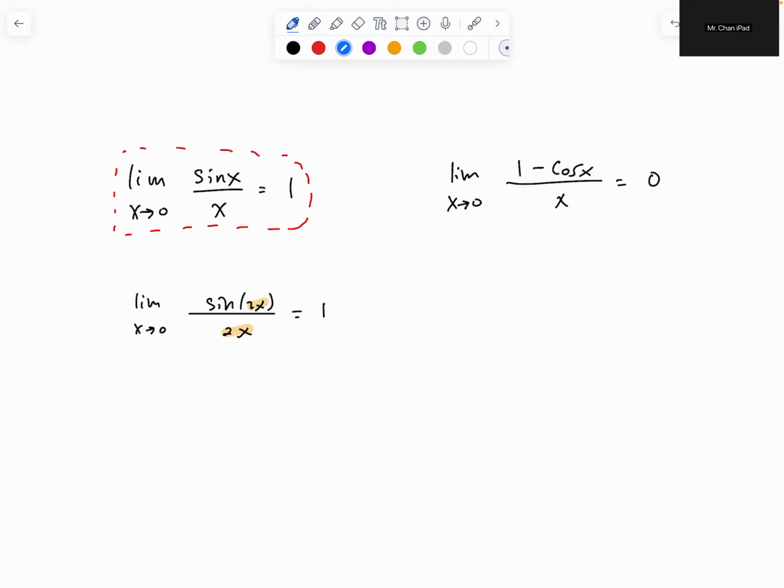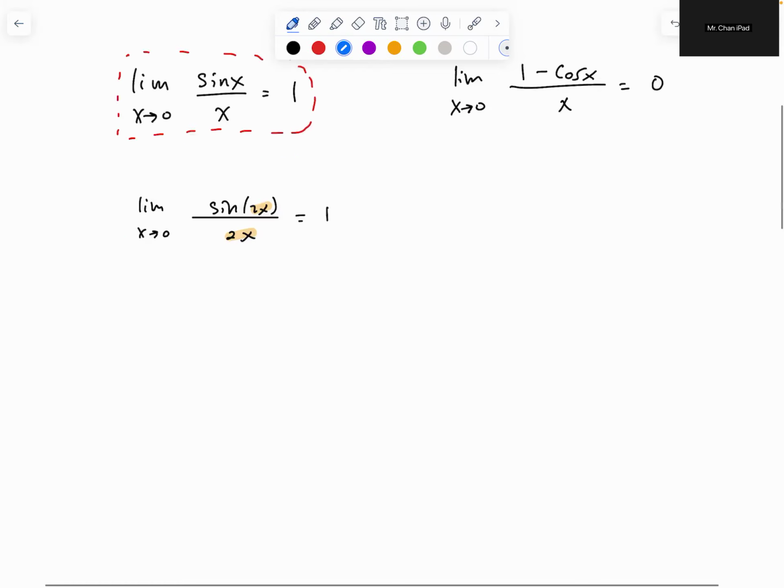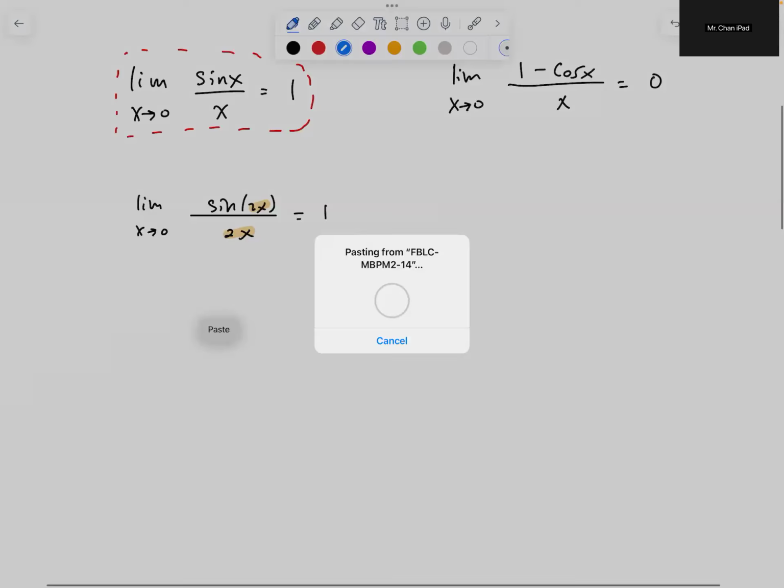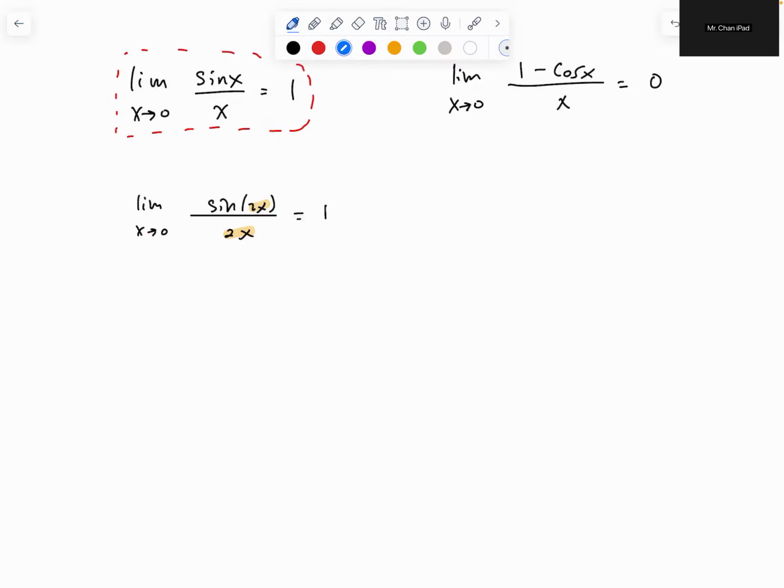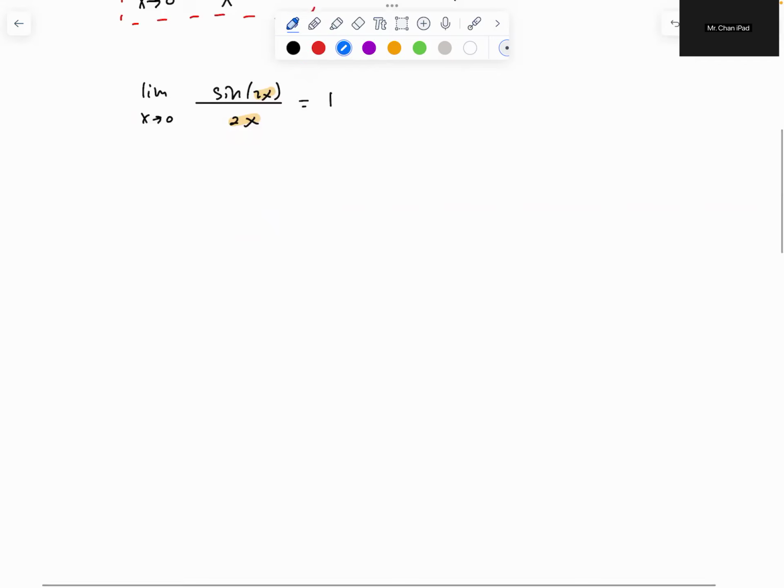Okay? Now, the kind of question that I'm a little bit concerned about is something like this. I believe this is on one of your worksheets too. If you ever see something with tangent, all right, I'll just write it down then.